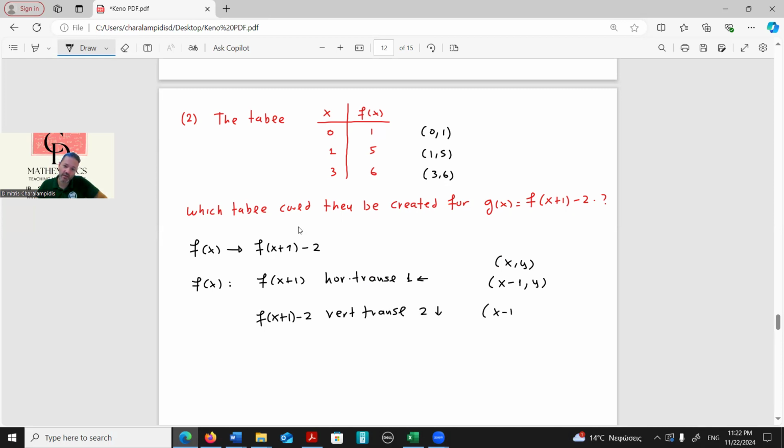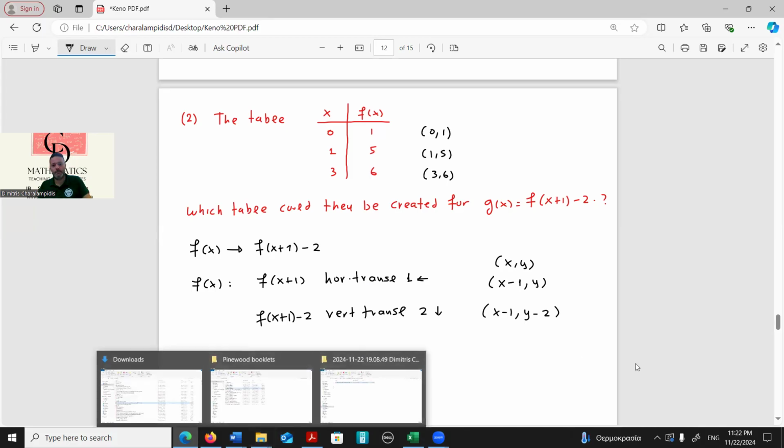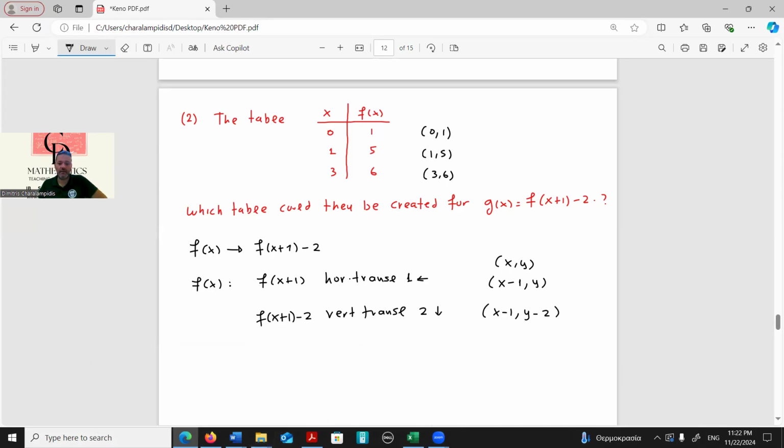So that should be x minus 1, y minus 2. I found the connection from x, y to the new coordinates.